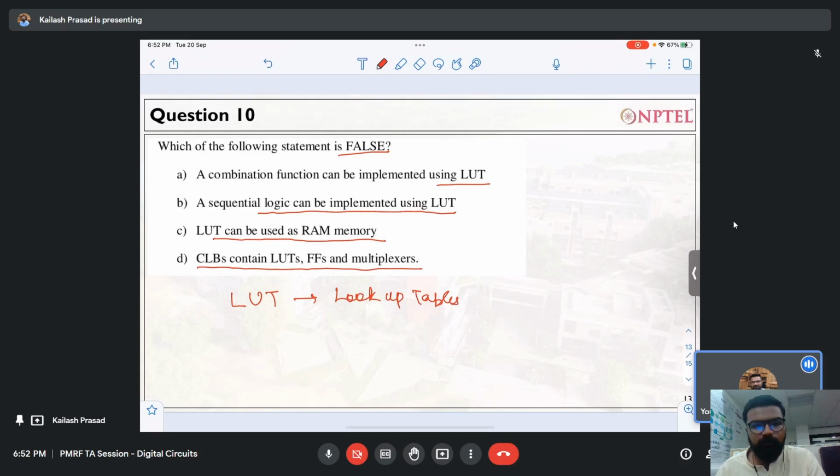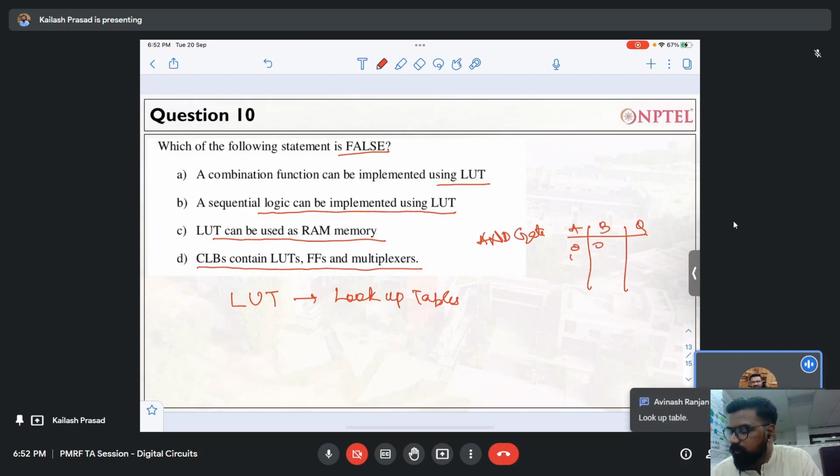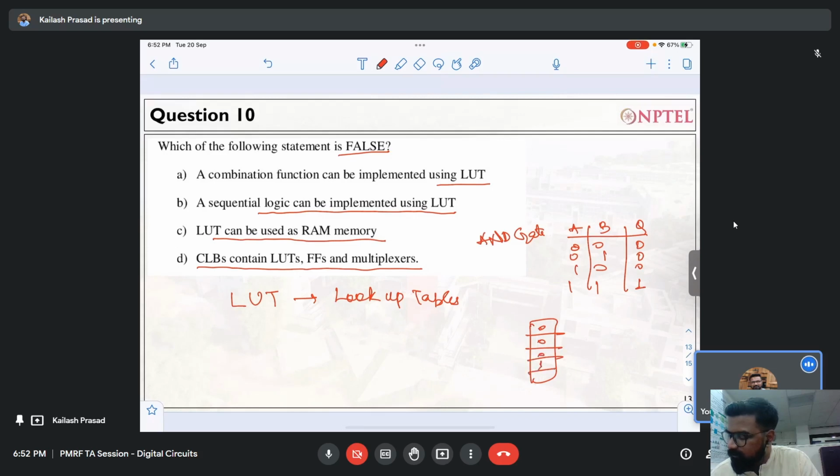If I want to make a LUT of an AND gate, it is nothing but the truth table itself. This is A, B, and this is Q: 00, 01, 10 and 11. Yes, Avinash is saying lookup table. For the AND gate the output will be 0001. So I have memory where the 0th row will be 0, and so on.